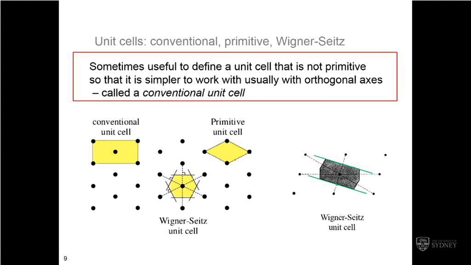Okay, and you can see that it's going to enclose a unique area. Here, the perpendicular bisector of this line gets you this line here, and then finally we'll consider this distance here, and you'll get the other corner of the Wigner-Seitz cell. Okay, so if you've got some complicated crystal and you're not sure what the Wigner-Seitz cell looks like, you can always, at least in 2 dimensions, easily draw it.